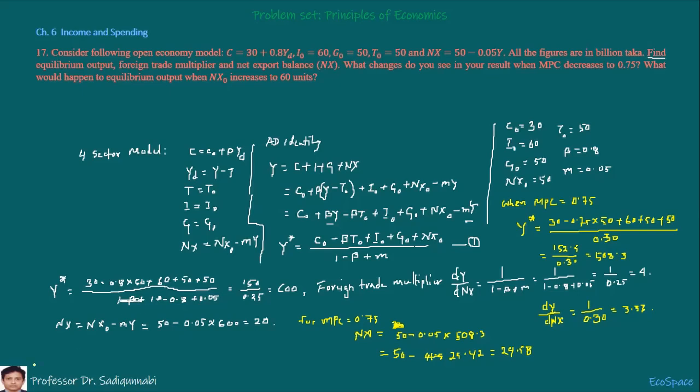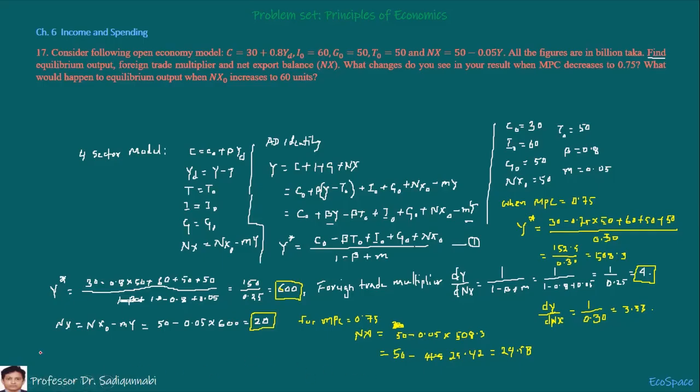First part, we have got the result as y star equals 600, multiplier 4, and net export balance is 20.